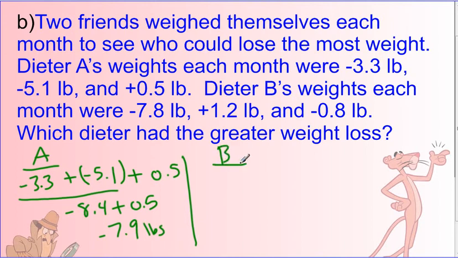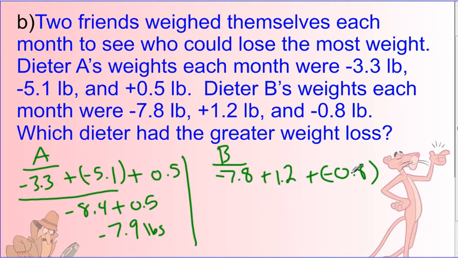Dieter B, let's see, 7.8, that's a negative, plus 1.2, plus a negative 0.8. So let's see.